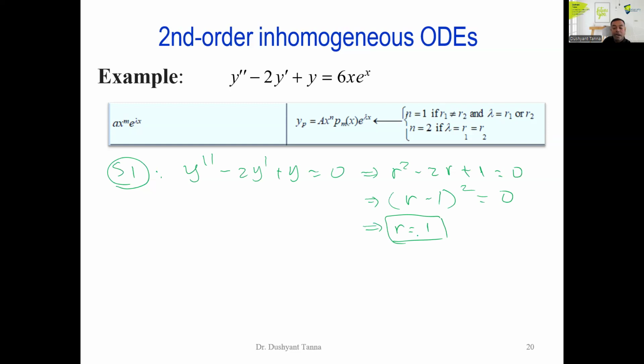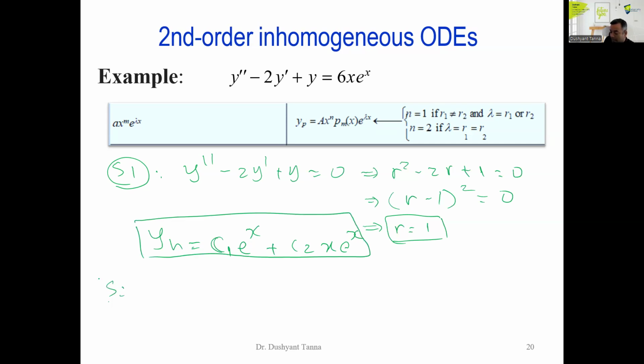If r is 1, what is your y_h? If it is repeated, c1 e raised to x plus c2 x e raised to x. That's your y_h, step 1 done.